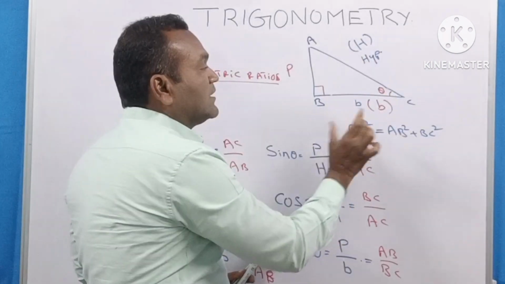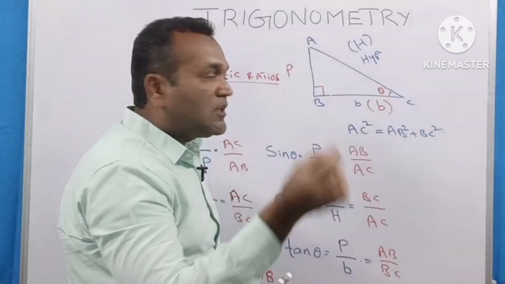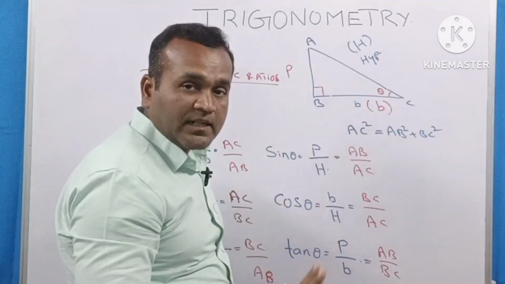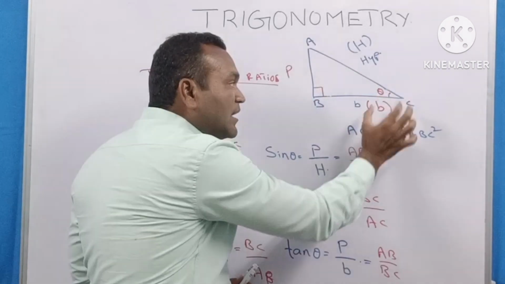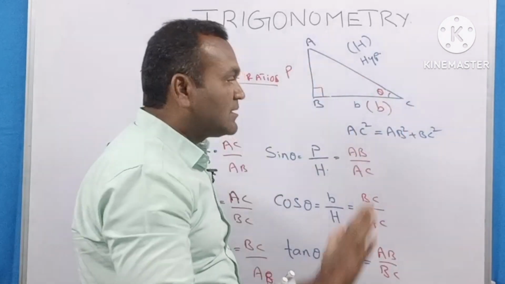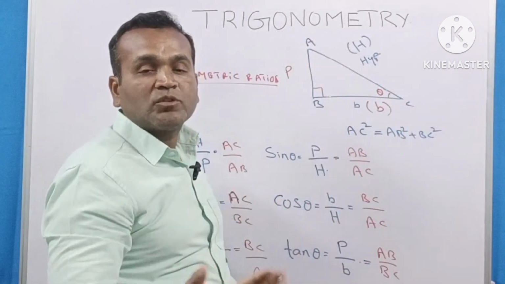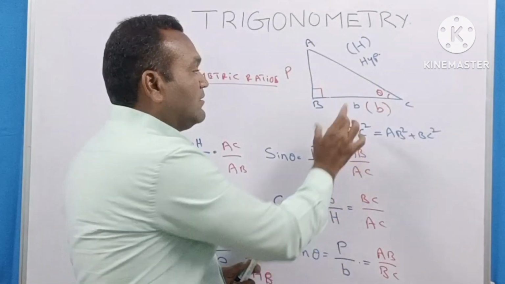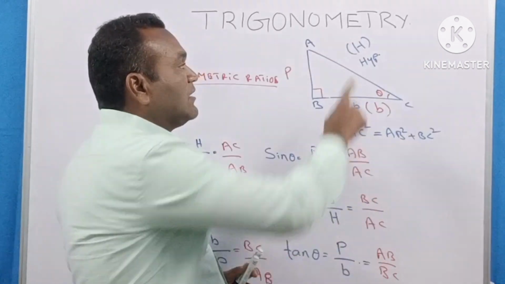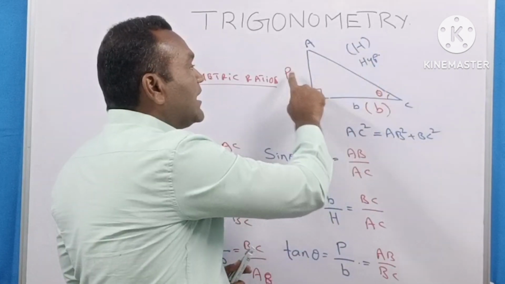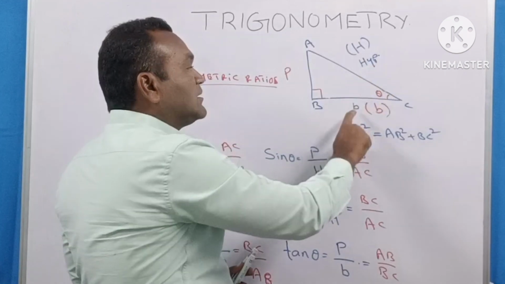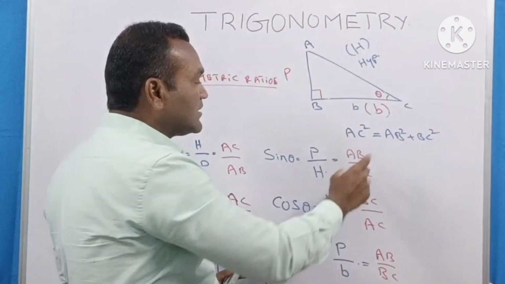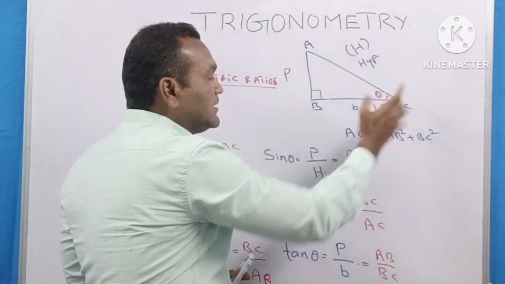And the side which is between the 90 degrees and the other angle is always called the base. In a few books it is called the adjacent side, anything you can write. We just need to understand. So I have named them differently, labeled H, B and P as hypotenuse, base, perpendicular or opposite, or you can consider AB by AC, anything you can write.